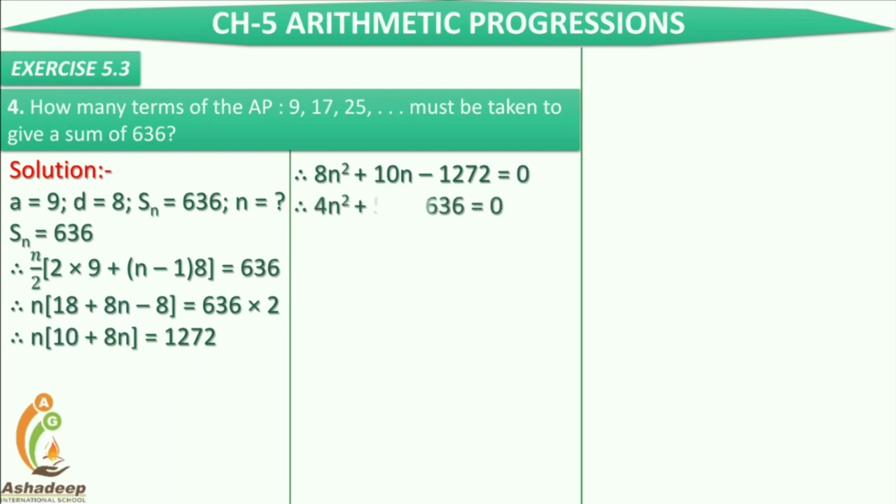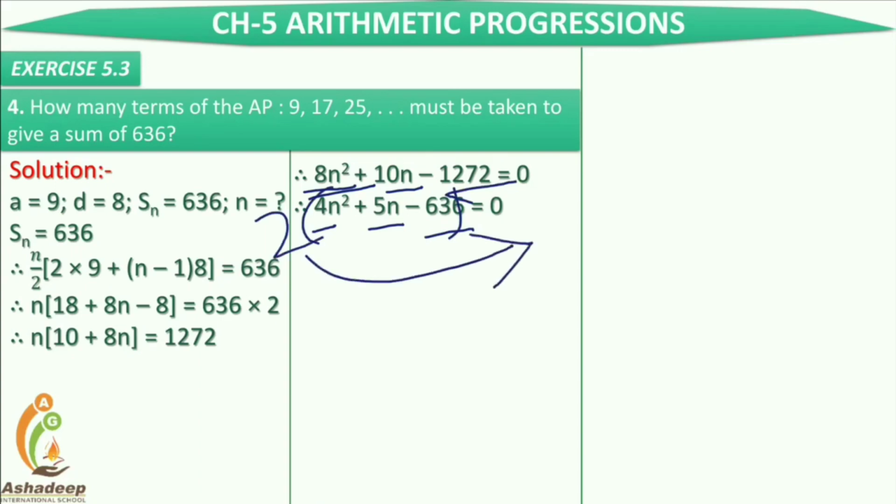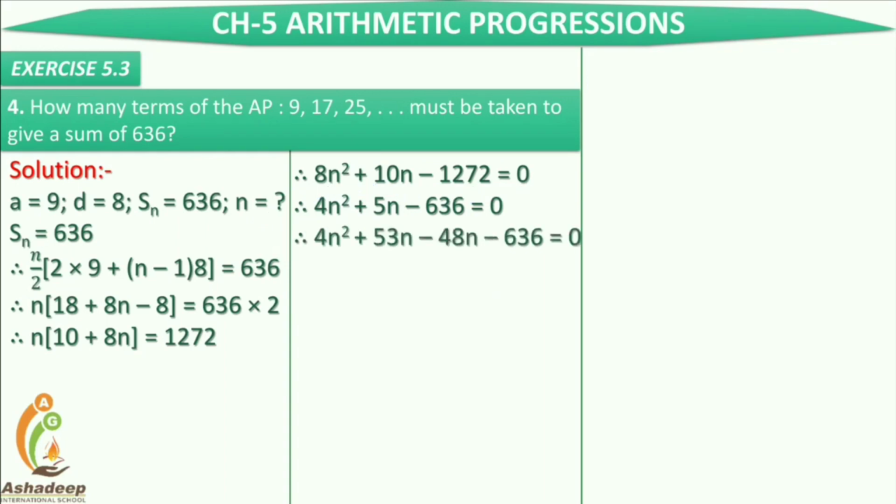Now if we take out 2 common out of this, what will remain? If we take out 2 common here, we remain with 4. From here, we remain with 5. From here, we remain with 636, and that is in multiplication. The 2 from the numerator goes into the denominator and it becomes 0, so no need to write.